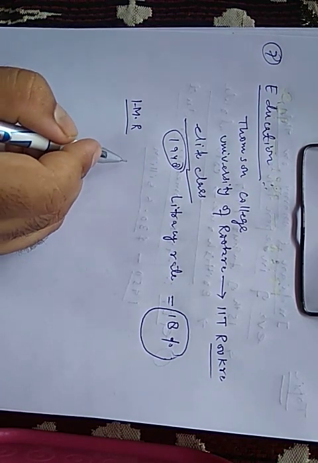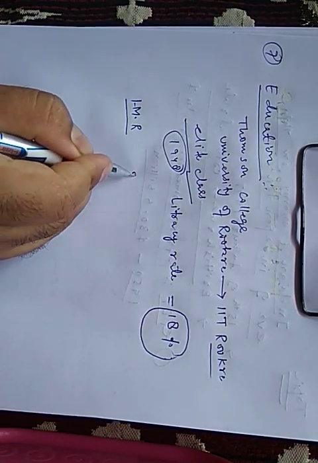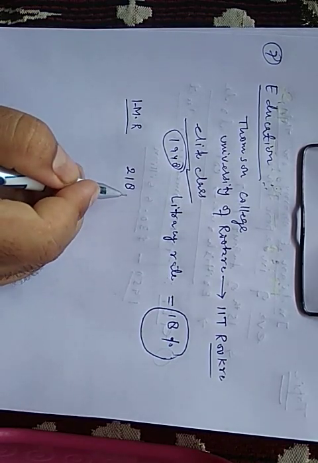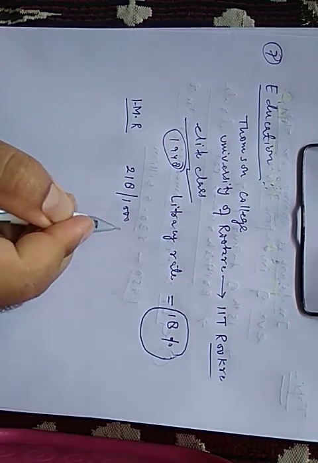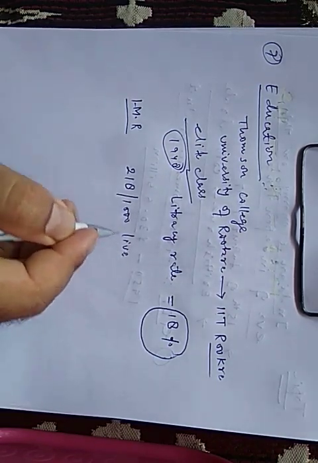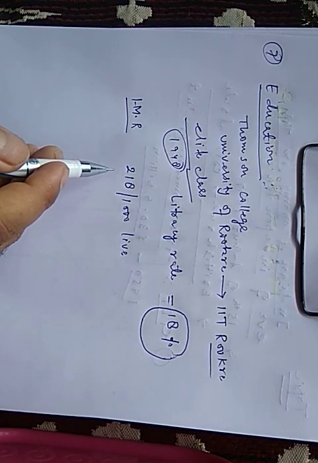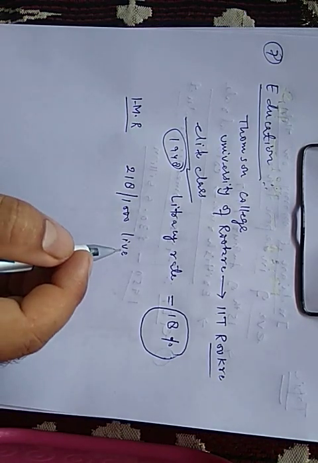And it was very high, 218 per thousand live births. Out of 1000 children, 218 died at the age of 5 years.